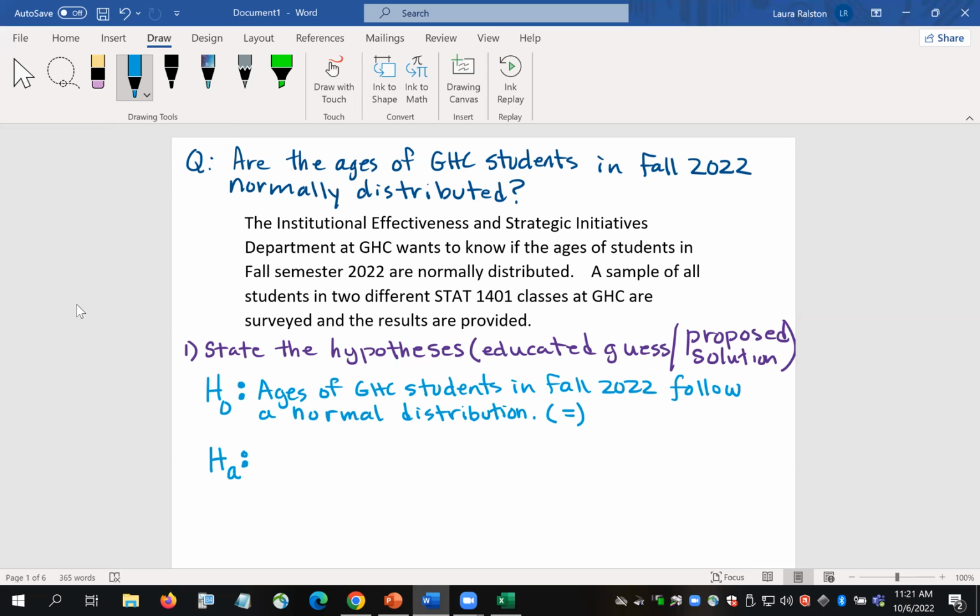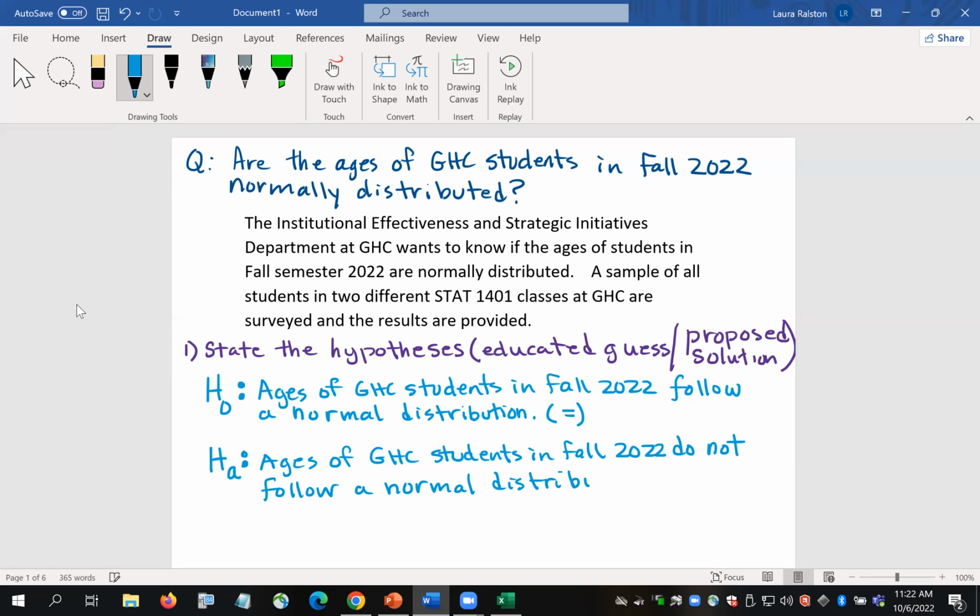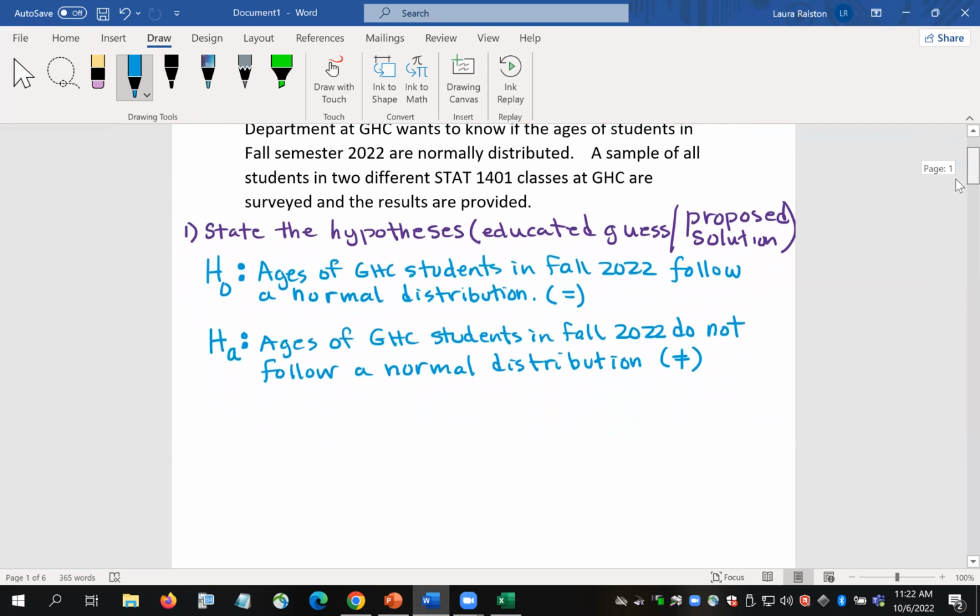The alternative then would be ages of GHC students in fall 2022 do not follow a normal distribution, which implies not equal. So our first step in any hypothesis test is to state our hypotheses. So we've done that.